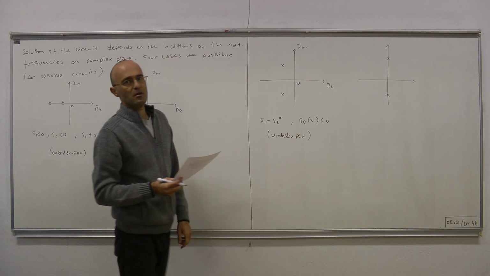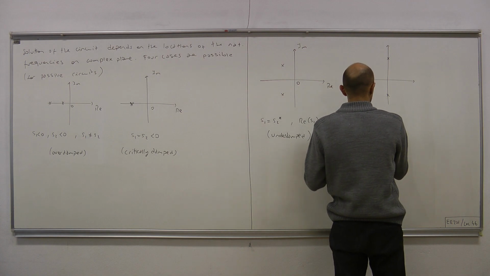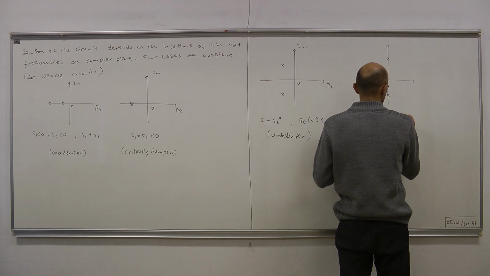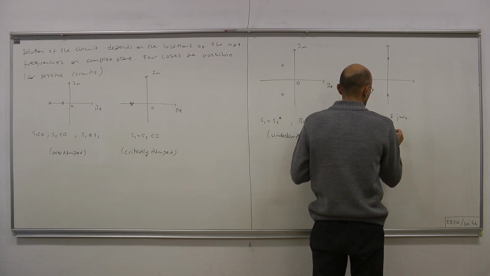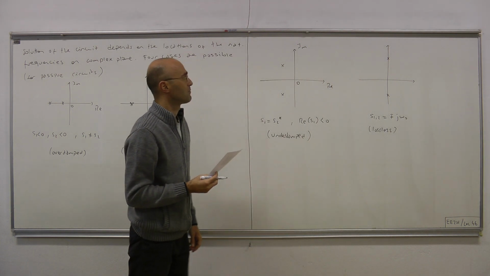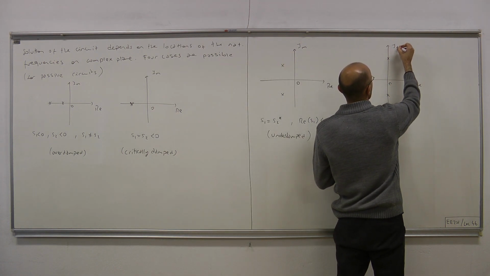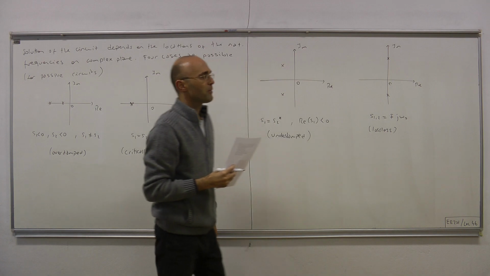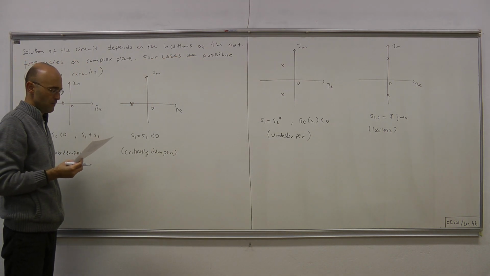Okay, so the roots are purely imaginary. S1,2 equals plus minus j omega 0. So this case is called the lossless case. Now, through some simple examples, we will go through each of these cases.